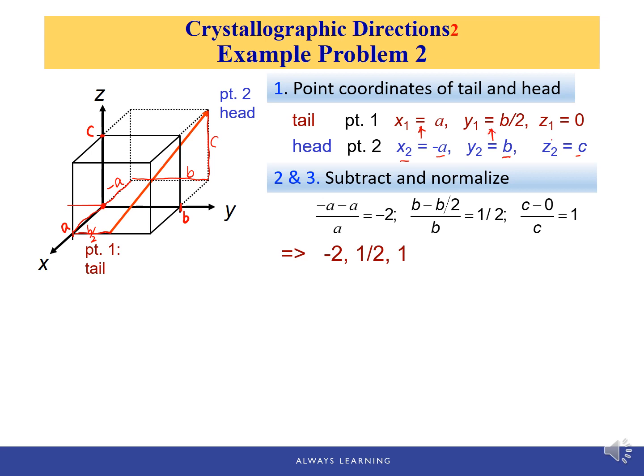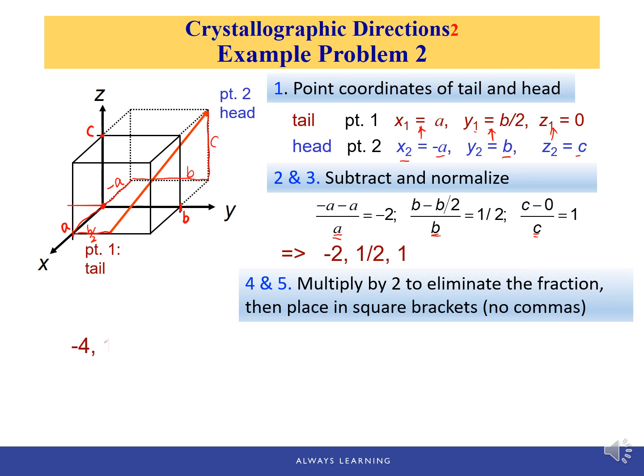So x2 subtract x1, y2 subtract y1, and z2 subtract z1, and normalize by dividing by the corresponding unit length along the corresponding axis. So x component divided by a, y component divided by b, and z component divided by c. So here are the answers we have: -2, 1/2, and 1.